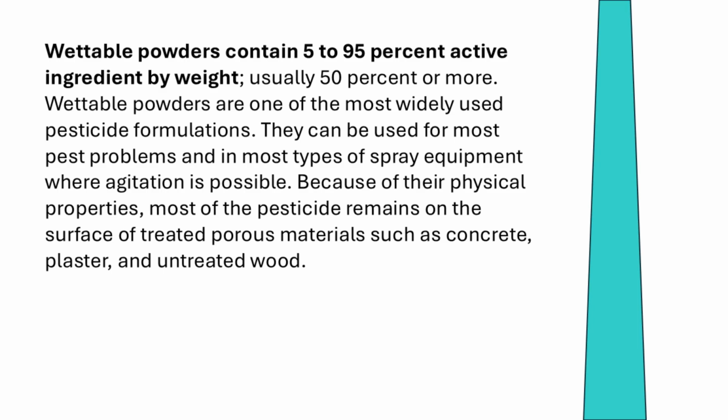Wettable powders are one of the most widely used pesticide formulations. They can be used for most pest problems and in most types of spray equipment where agitation is possible. Because of their physical properties, most of the pesticide remains on the surface of treated porous materials such as concrete, plaster, and untreated wood.